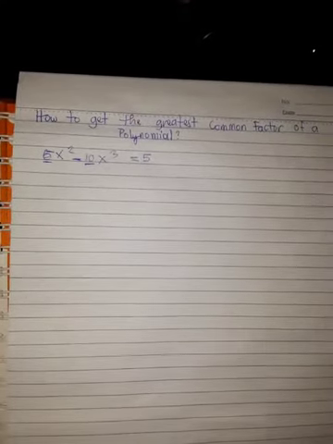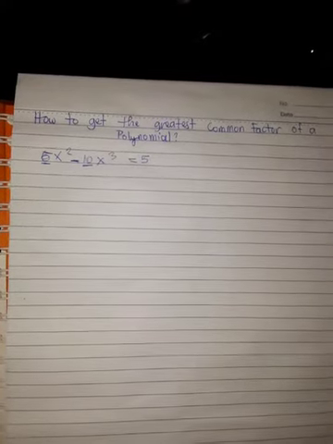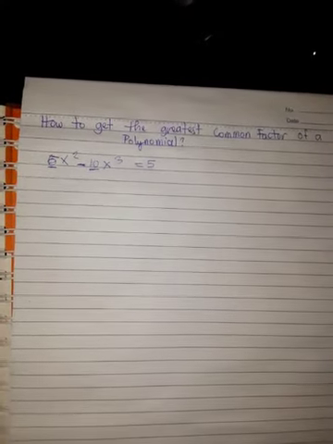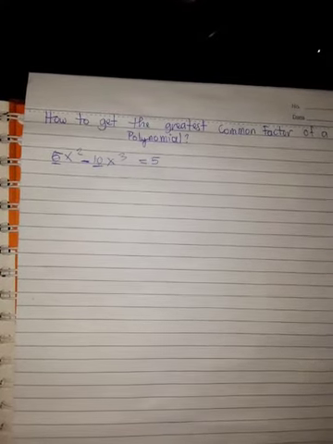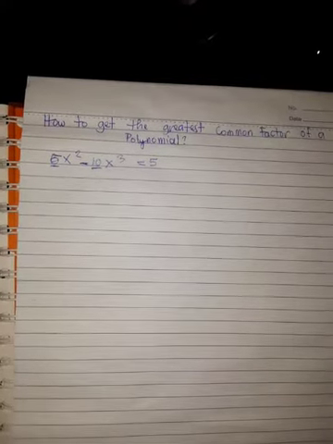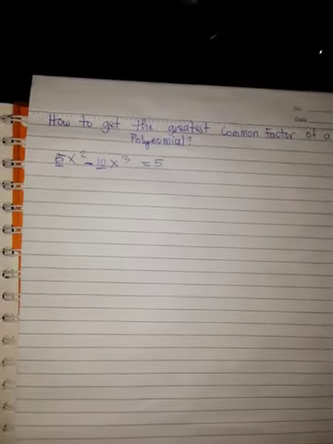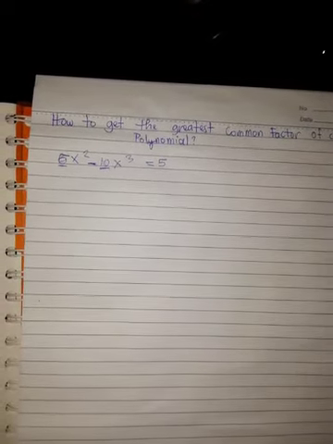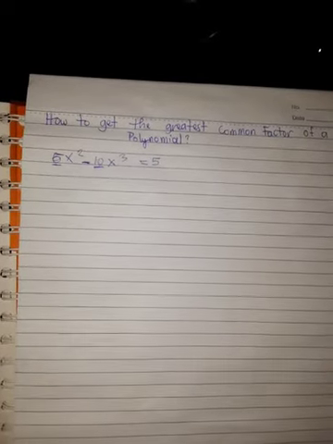Next, if you notice, we have variables. When we say variables, these are the letters given in the polynomial. For the variable, we need to choose the least exponent on that factor that appears in any term.